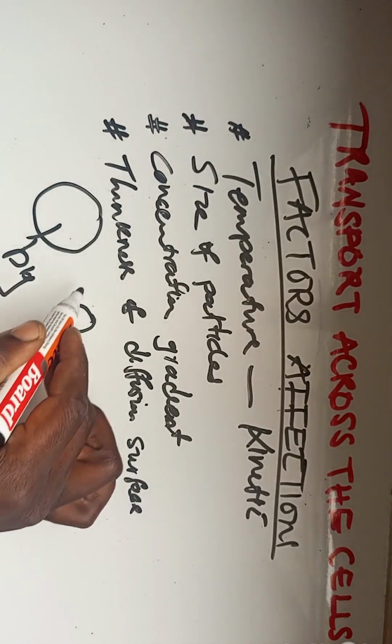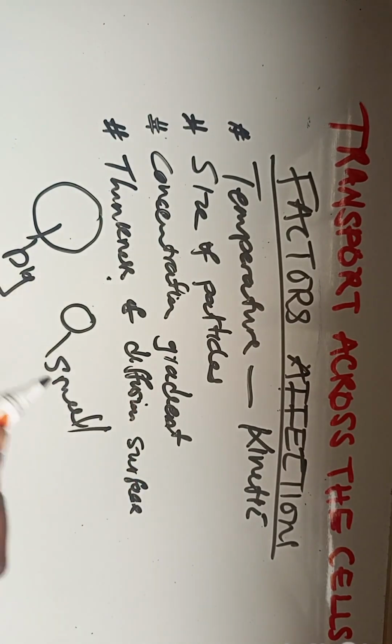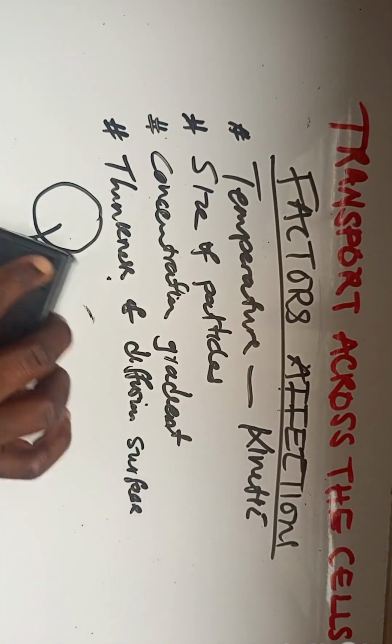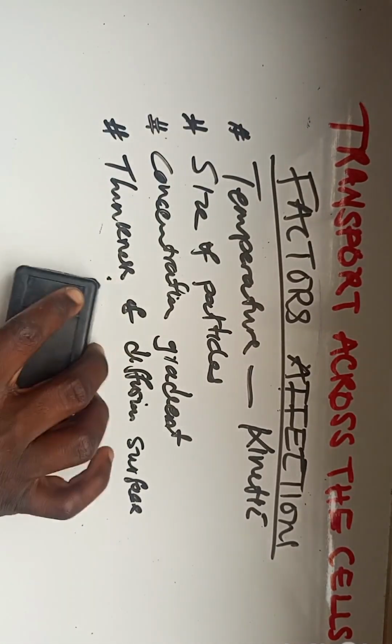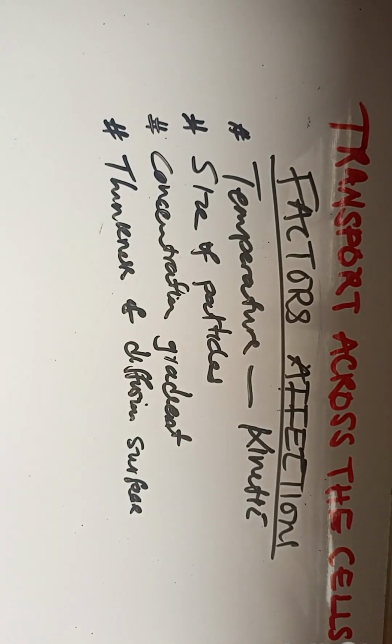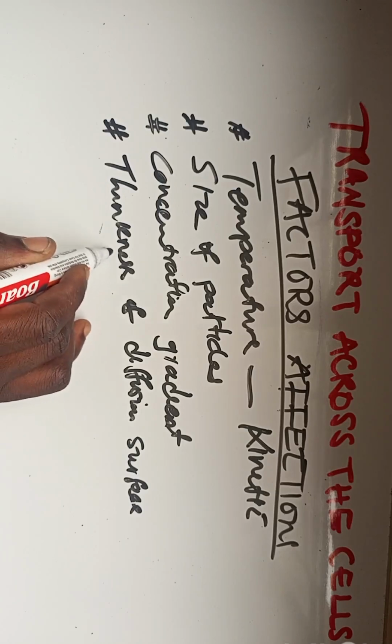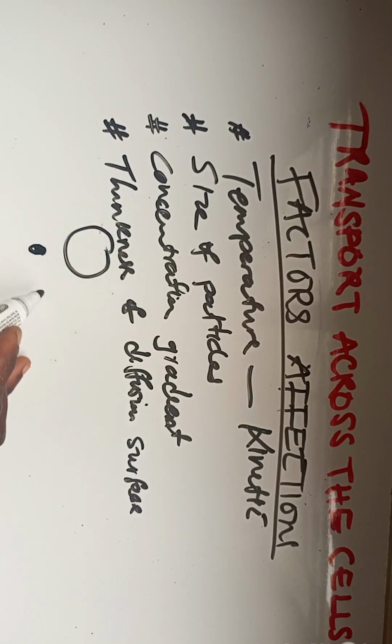As a result, when diffusion wants to take place, let me give an example. Okay, let me erase this, then I draw it in a proper way. I'll draw like this. Here a bigger one, here a smaller one.